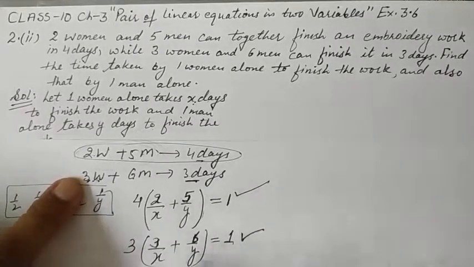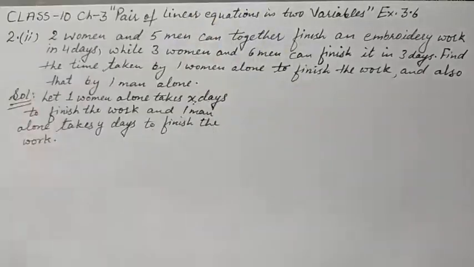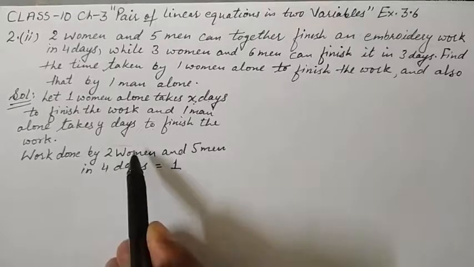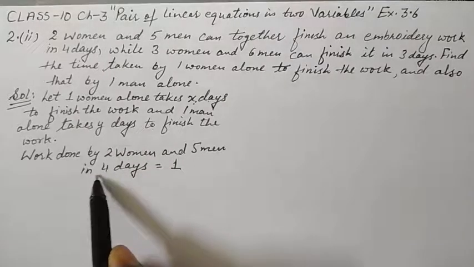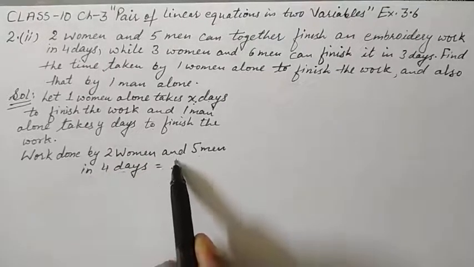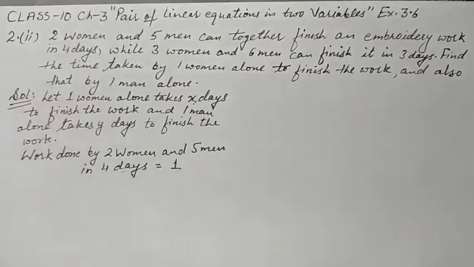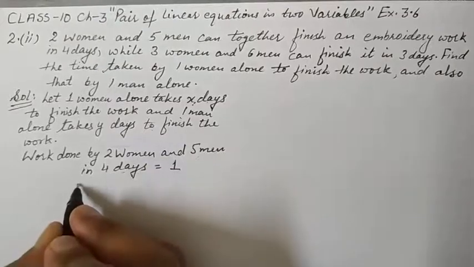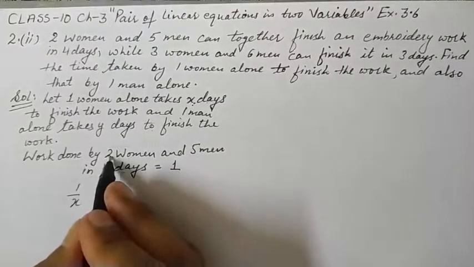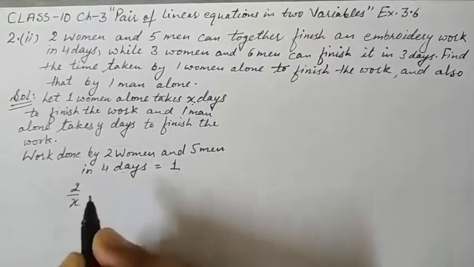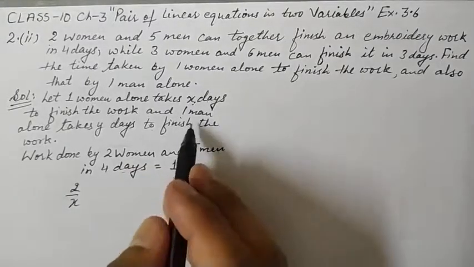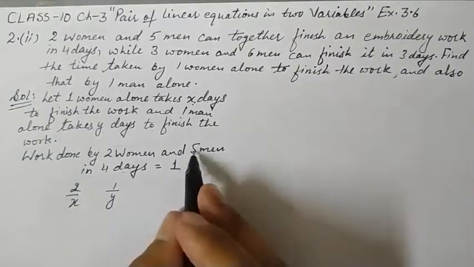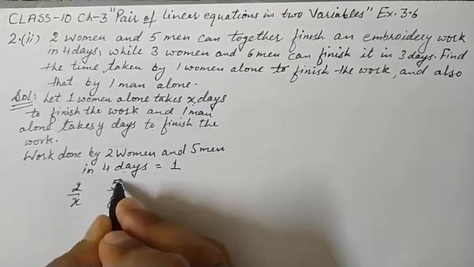So let's write in the fair work. I have written work done by 2 women and 5 men in 4 days, they are completing one work. So we'll write the equation now. One woman's one day work is 1 by x, and 2 women's one day work will be 2 by x. Now one man's one day work is 1 by y, and 5 men's one day work will be 5 over y.